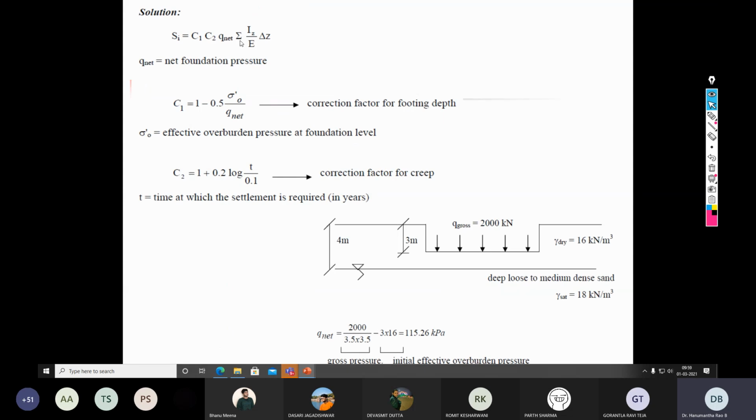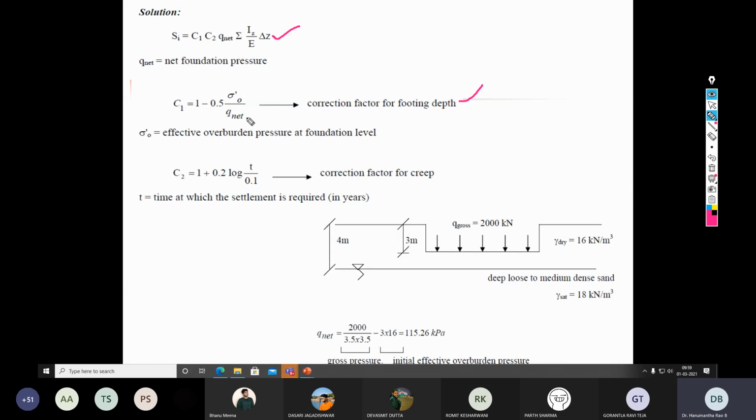Next step is, this is the equation for calculating the elastic settlement. Se is equal to C1 into C2 into q multiplied by summation of Iz into delta z by elastic modulus. So C1 accounts for the correction factor for the footing depth. This can be written as C1 is equal to 1 minus 0.5 into sigma naught dash by q net.